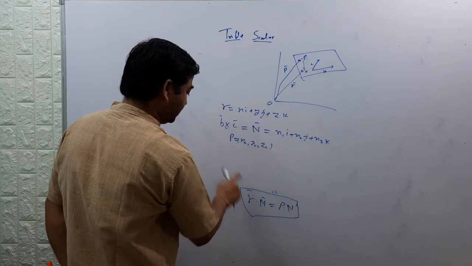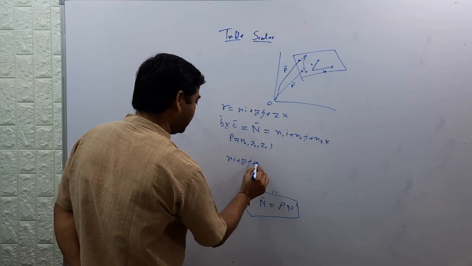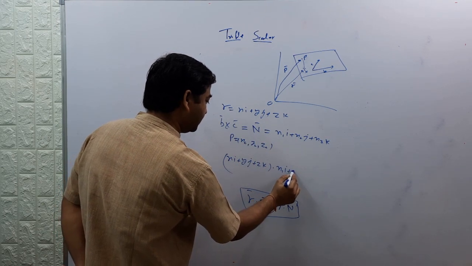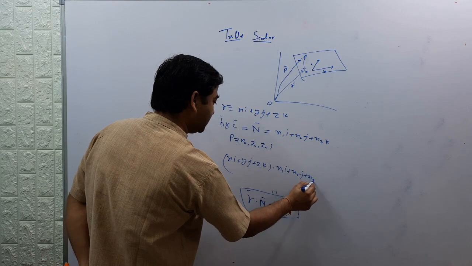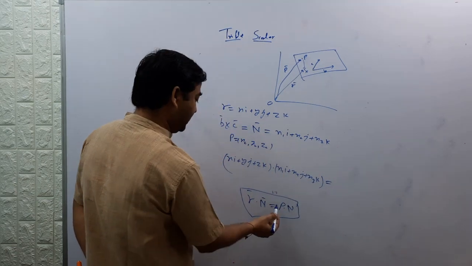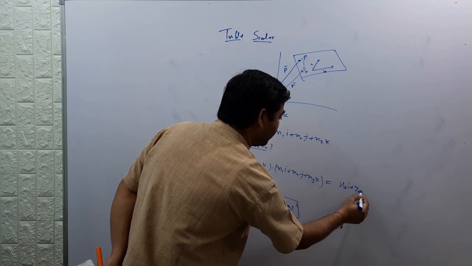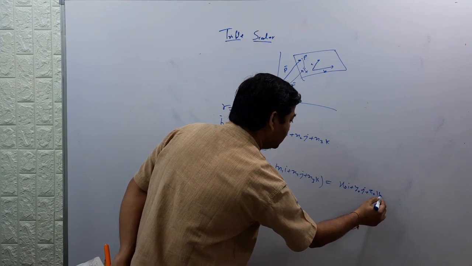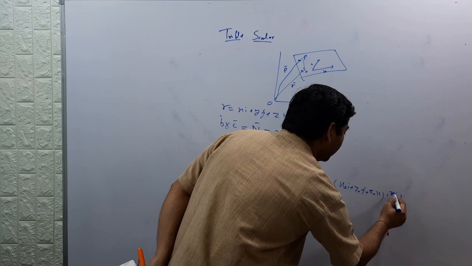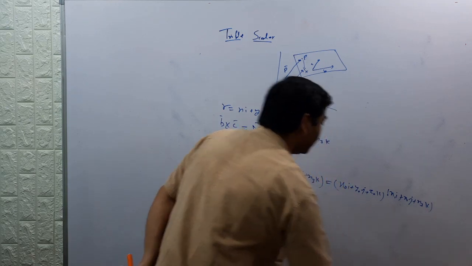So just put these things in this equation to find xi plus yj plus zk dot n1i plus n2j plus n3k is equal to P dot n. P is the position vector of this point. Position vector is x0i plus y0j plus z0k dot n1i plus n2j plus n3k.